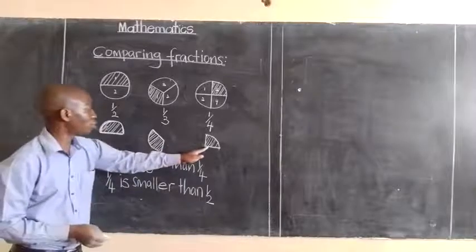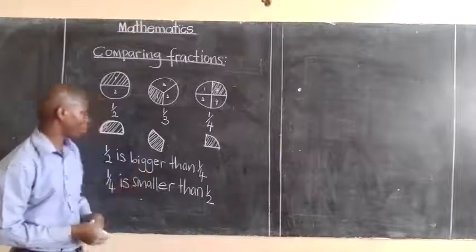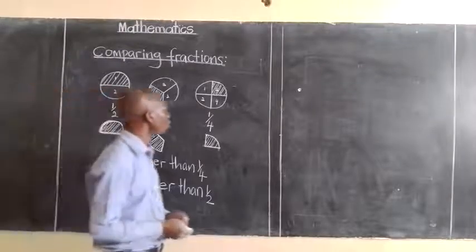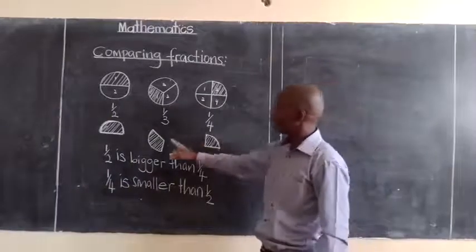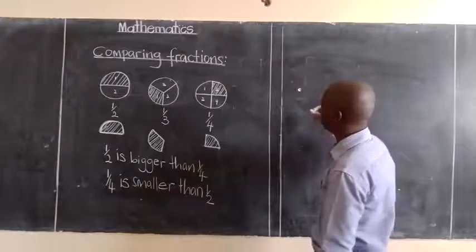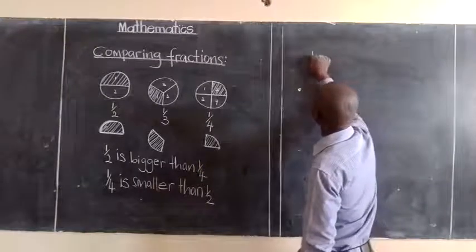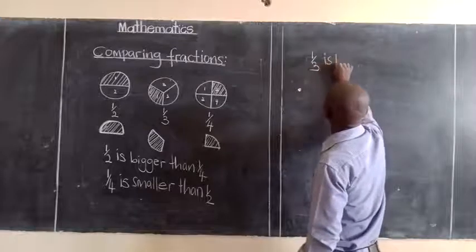This one is smaller than this one, and this one is bigger than the other. If we are to compare a quarter and a third, which one is bigger? A third is bigger.